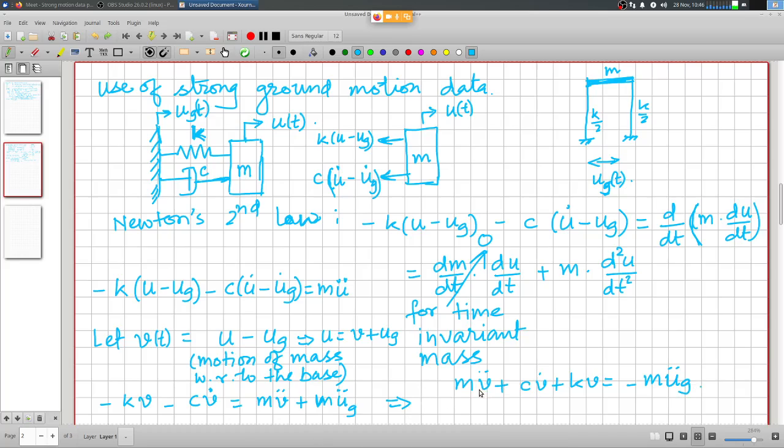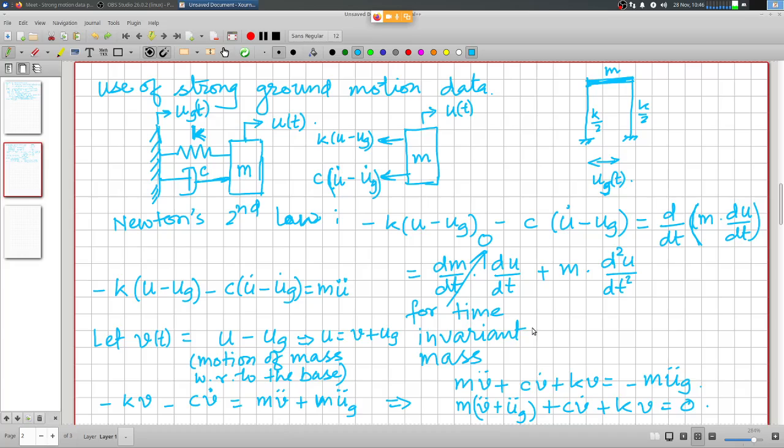So that is one way, or I can also write this as m (v double dot plus ug double dot) plus c v dot plus k v is equal to 0. Right? So these are the two forms.